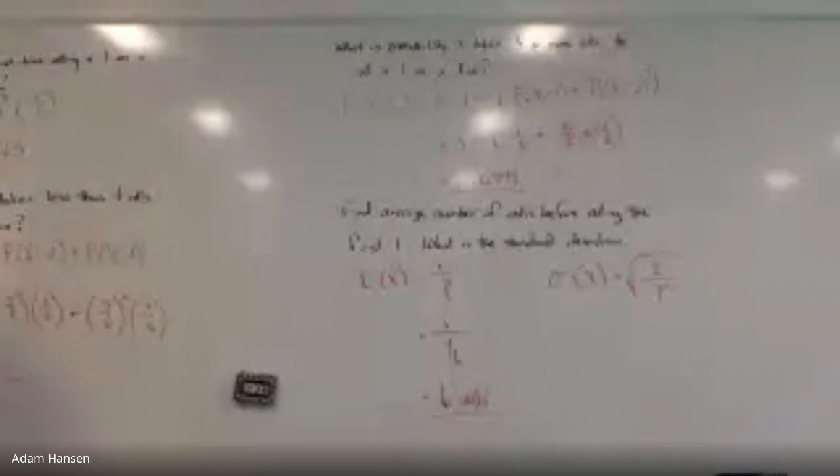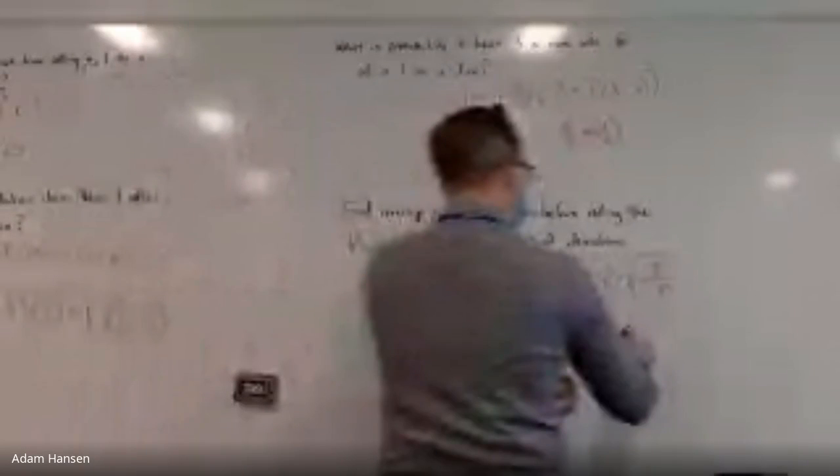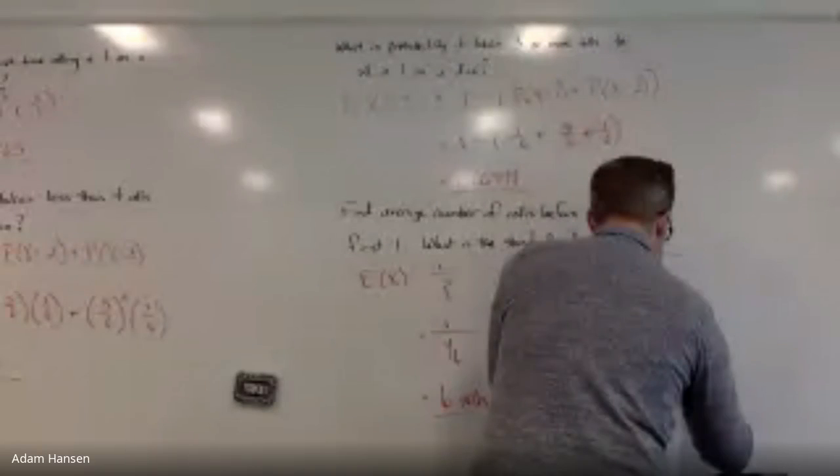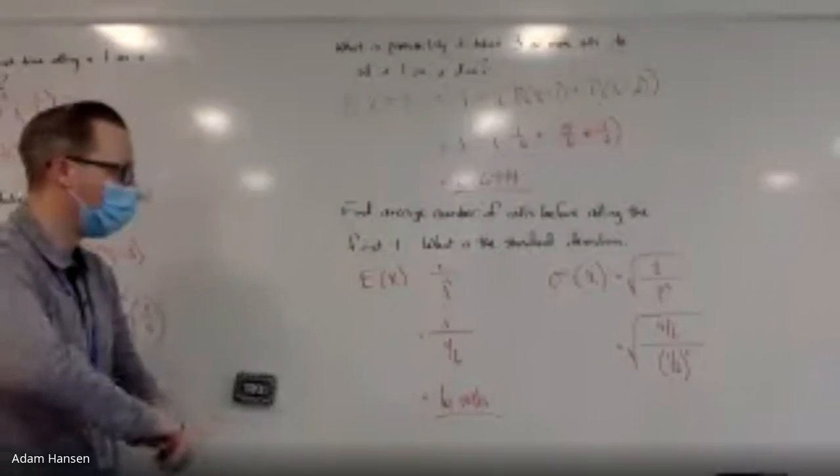So what would be the standard deviation in that expected number of rolls before getting the first 1? That would be the square root of 5/6 divided by 1/6 squared.